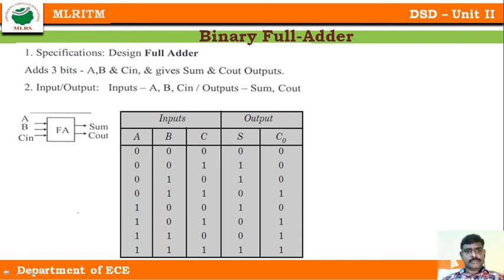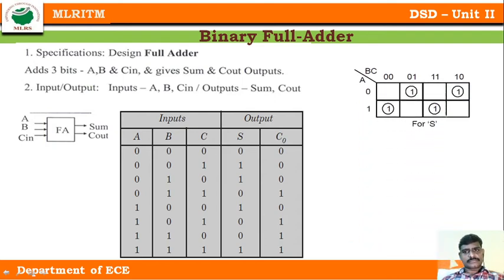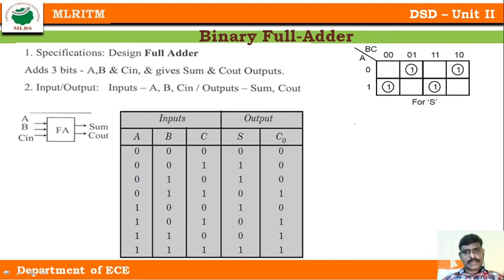Because there are 3 inputs, 2 cubed, 8 combinations, and I know how to do addition. So, sum output and carry output. I formed a truth table here. Then I need to go for minimization. Take the sum minimization.